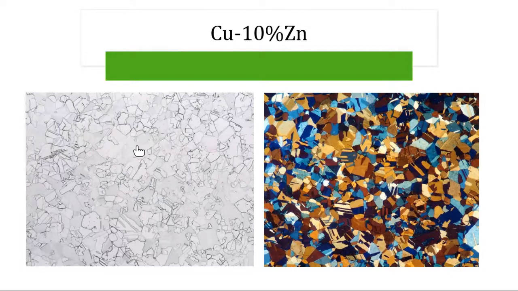You might have 1, 2, 3, 4 grains, but it looks like one. Sometimes with etchants, whether or not you get a delineation depends on crystallographic orientation and the energy at the grain boundaries.